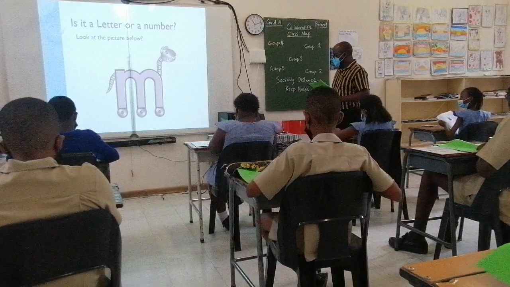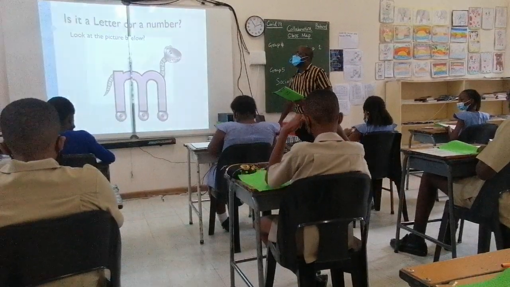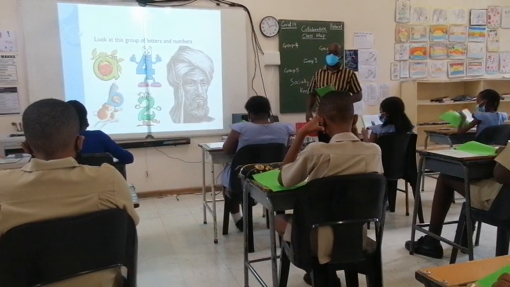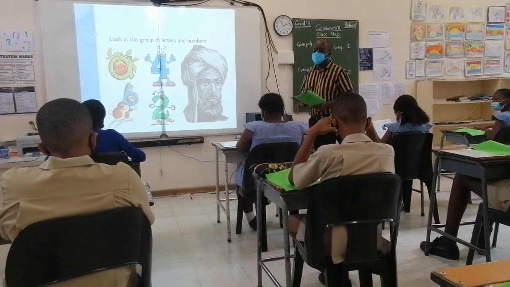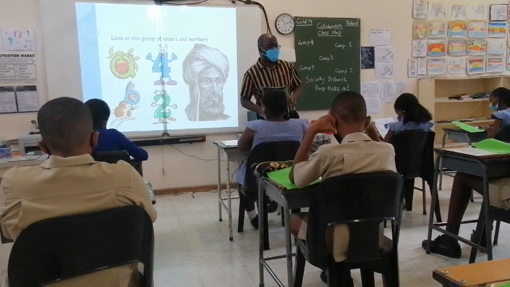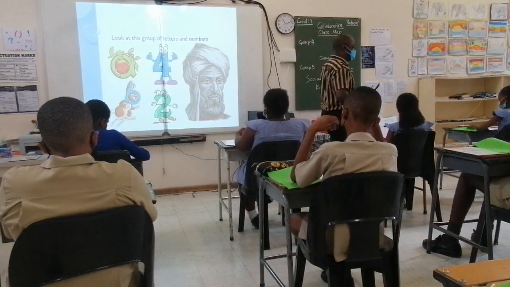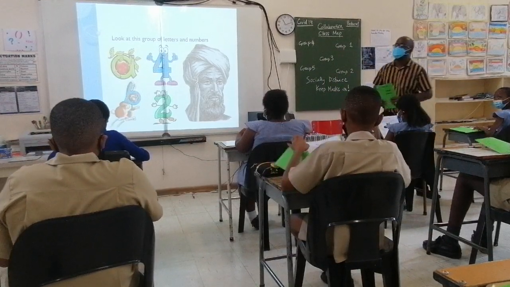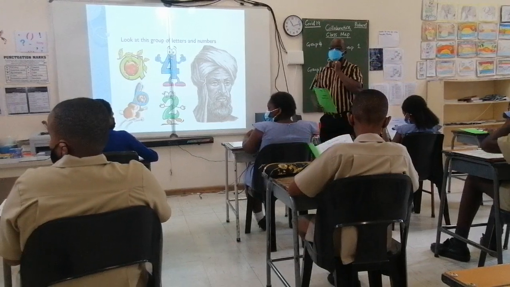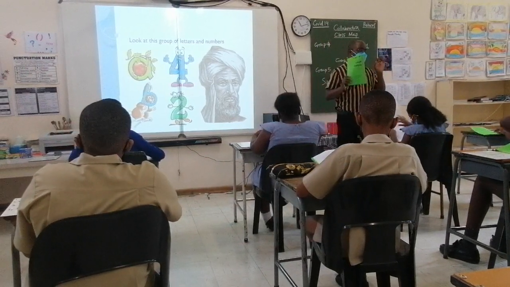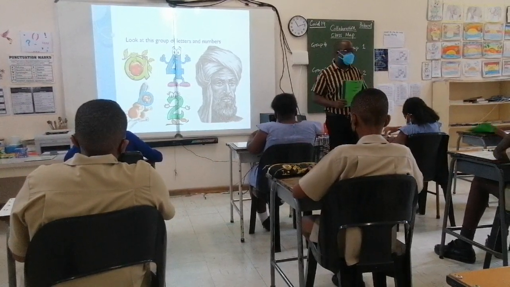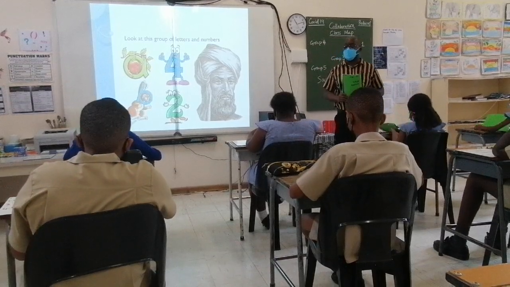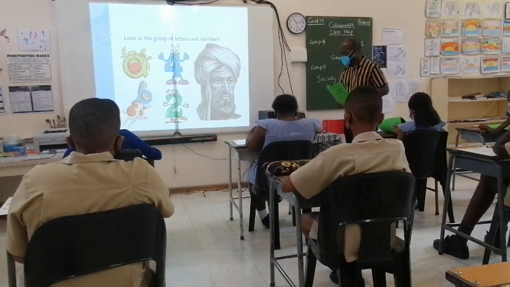So I want you to pay attention to what I have on the screen. For now, don't worry too much about what's in the workbook. I just wanted you to be aware that we are going to be learning some specific things, and we're going to be working in our collaboration groups and your think, pair, share groups. Remember to keep the noise level controlled, to maintain social distancing, and to keep your masks on throughout the lesson.